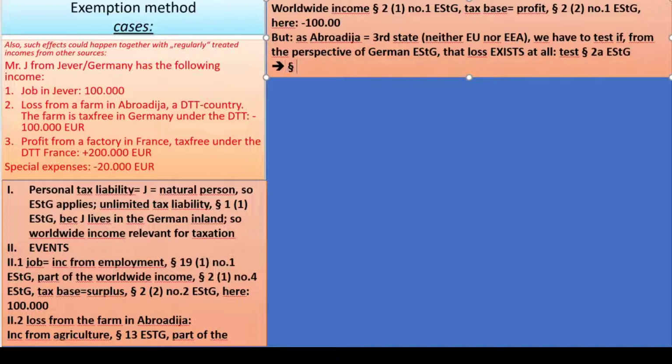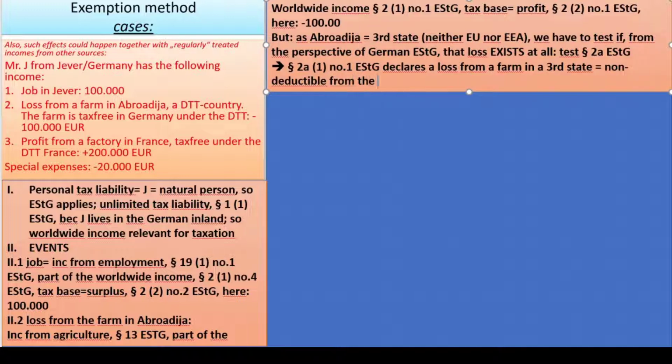Indeed, paragraph 2a1 number 1 ESTG declares a loss from a farm in a third state as non-deductible from the worker income.